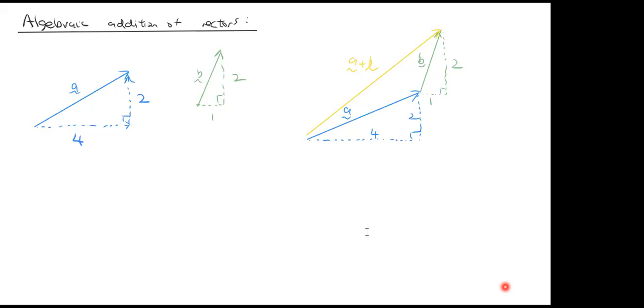So if you take a look at this, how far across to the right is that? 5. Right. If you just look left, right, you've gone 4 across and then you went 1 more across, right? And how far up is that? 4. So basically we can just say that your a plus b is 5, 4.